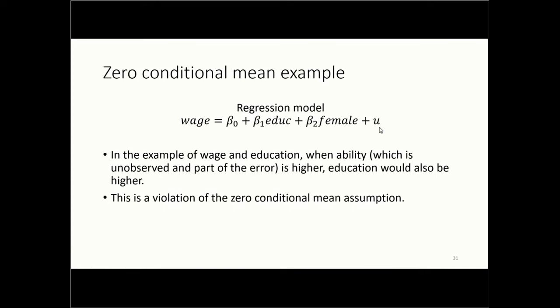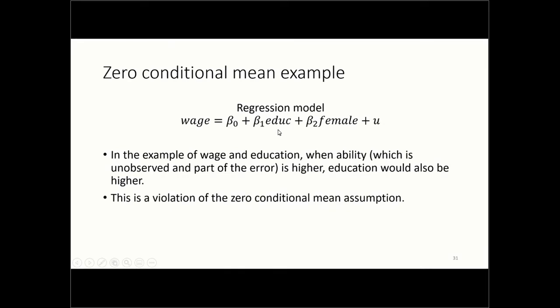One of the issues is that when ability is higher, this error term would be higher. And so our variable here, education, would also likely be higher.